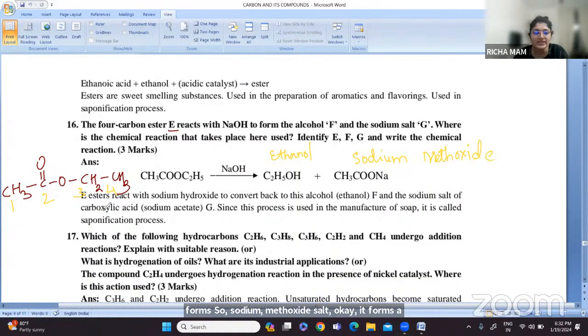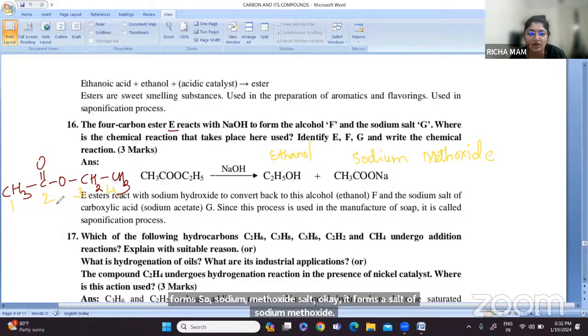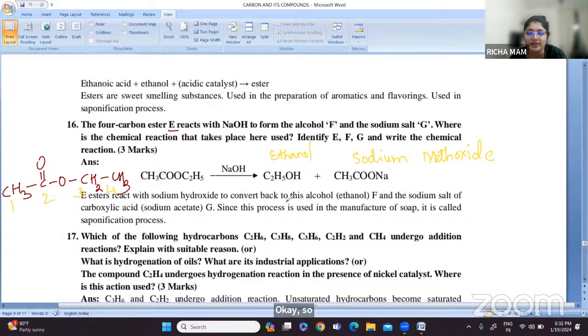So E is your ester. It converts back to form ethanol, F, and the sodium salt of carboxylic acid, that is sodium acetate. So I'll write the name sodium acetate.